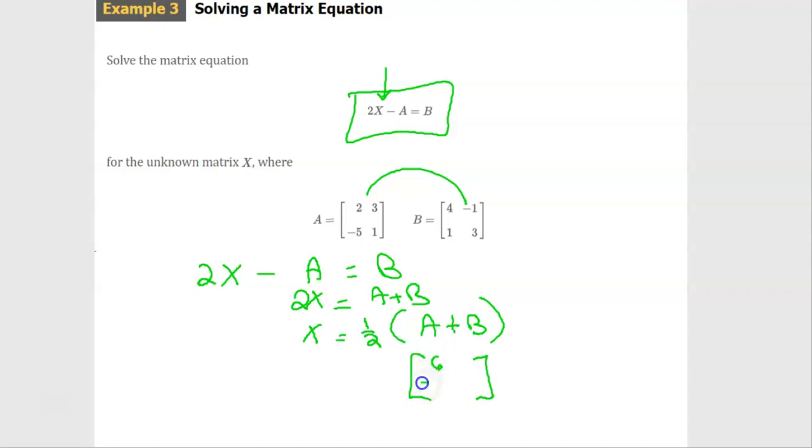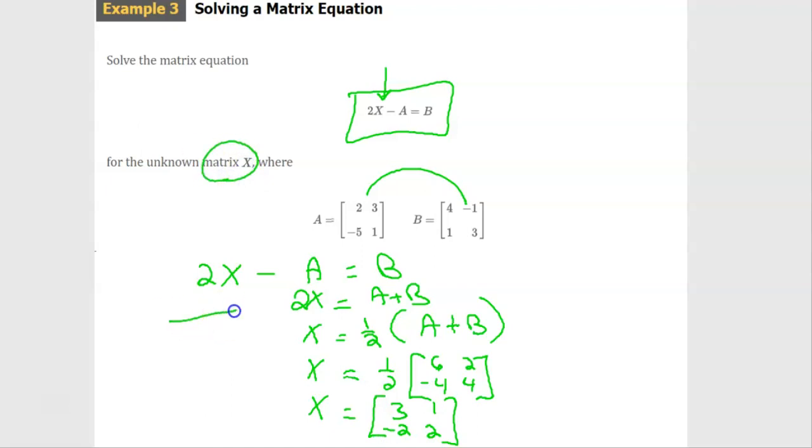That would be 6, -4, 2, and 4. But then I'm going to take 1/2 of that. So matrix X, that's what it stands for, is literally half of each one of those: 3, -2, 1, and 2. So we found matrix X because we used algebra first, and then we just did the operations it was calling for.